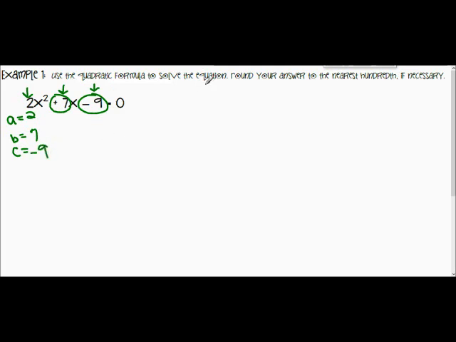Okay, and so I have that quadratic formula. We say x equals, because remember it's our x-intercepts, negative b plus or minus the square root of b squared minus 4ac all over 2 times a.